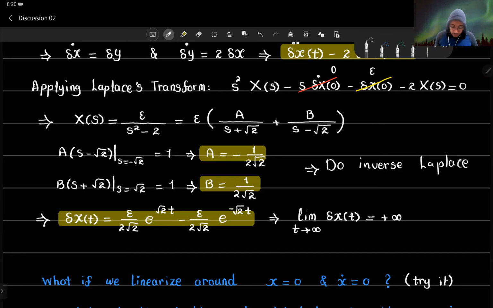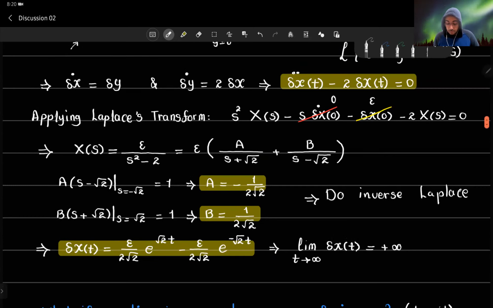So we see that whatever epsilon is, and as long as it is not equal to 0, we will have a term that is going to blow up, because of this positive exponent in the exponential term. Whatever epsilon is, as long as it's not equal to 0, this linearization is going to blow up.